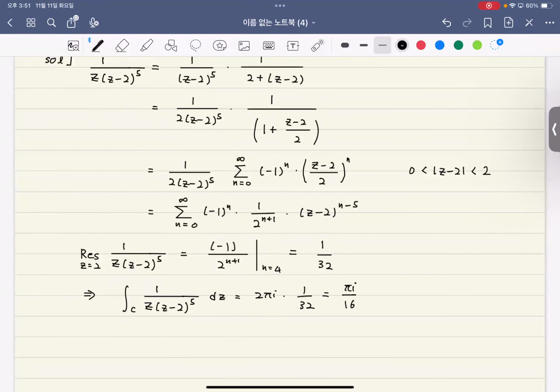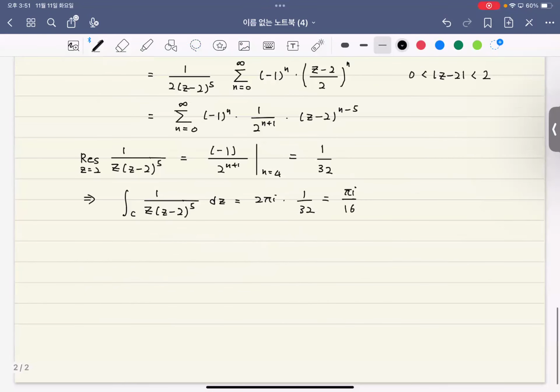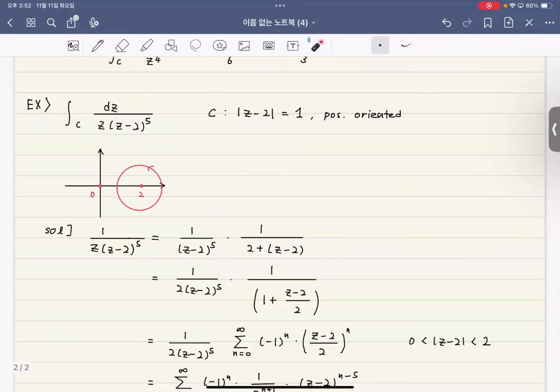You should always be cautious when you try to find the Laurent expansion of your integrand function. You always should find the right Laurent series in order to find the residue. Here I am finding the Laurent series of this, but you can also find the Laurent series about this point when your annulus is between 2 and infinity.